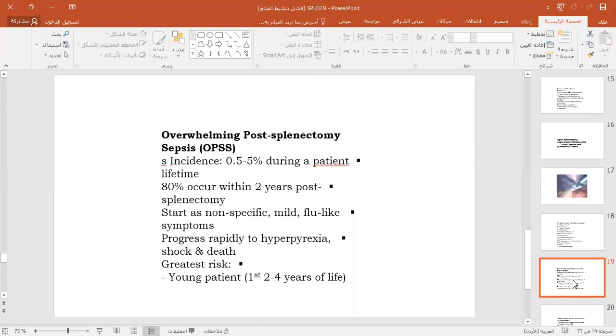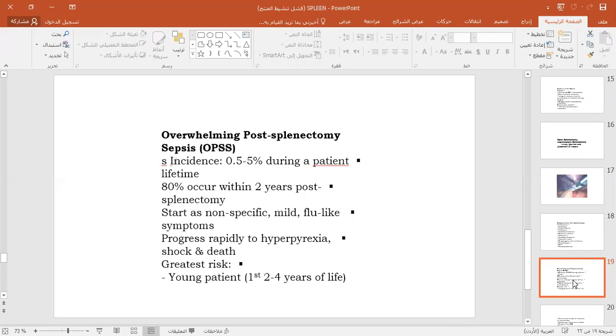Overwhelming post-splenectomy sepsis is a grave complication after splenectomy. Incidence is about 0.5% during the patient's life, and 80% occur within 2 years post-splenectomy. It presents as non-specific mild flu-like symptoms, and may progress rapidly to hyperpyrexia, shock and death.